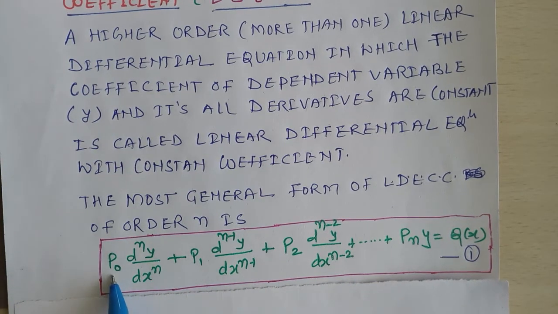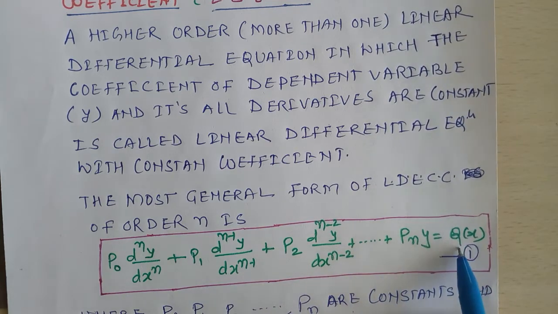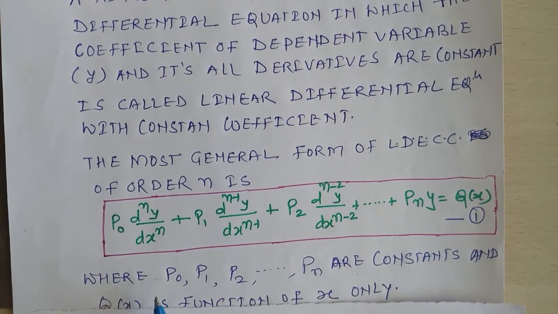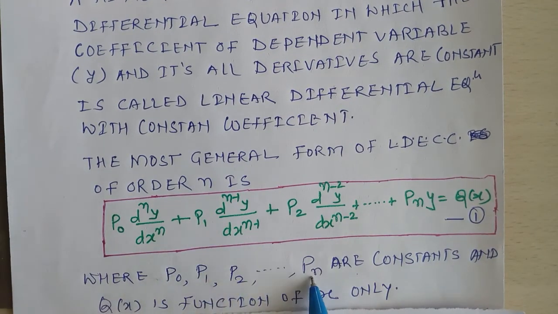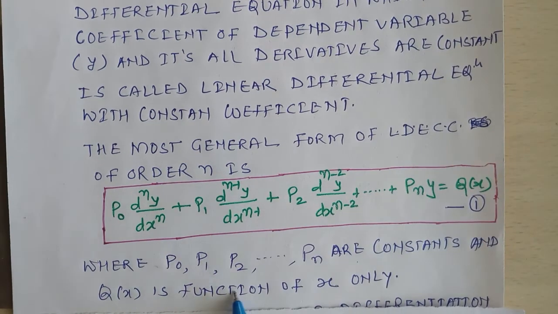We write P0 d^n y by dx^n plus P1 d^(n-1) y by dx^(n-1) plus P2 d^(n-2) y by dx^(n-2) plus and so on plus Pn y equal to q(x), where P0, P1, P2 and so on up to Pn are constants and q(x) is a function of the independent variable x only.